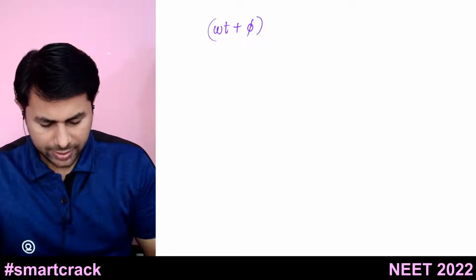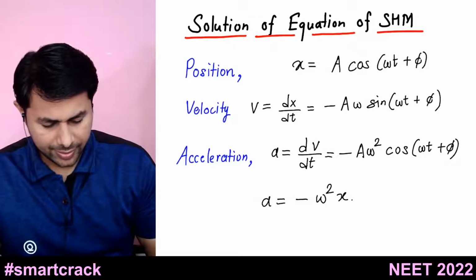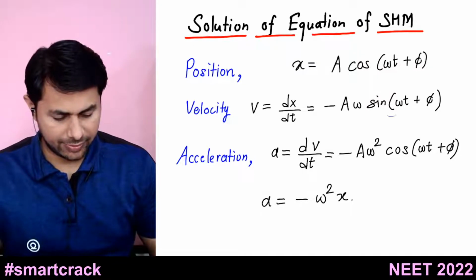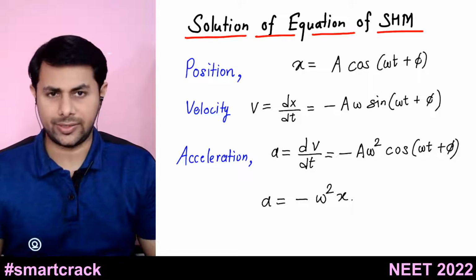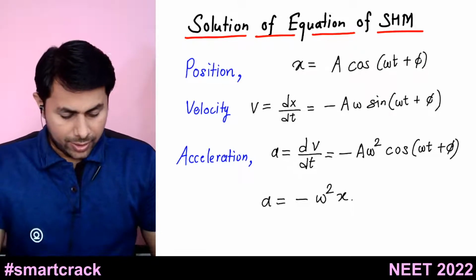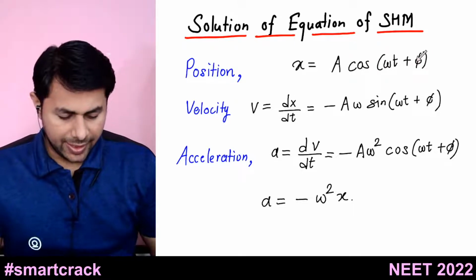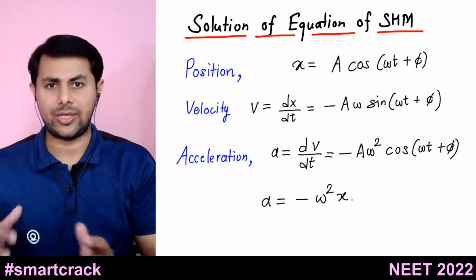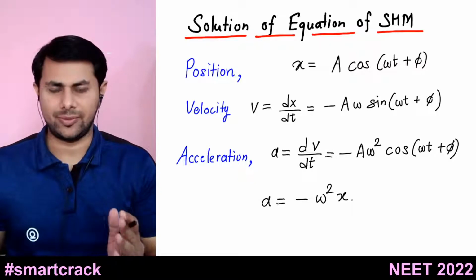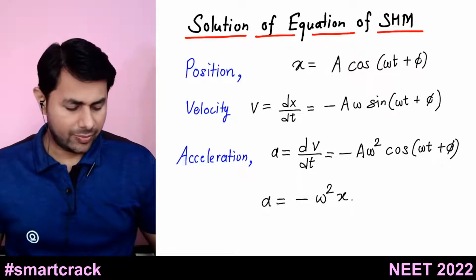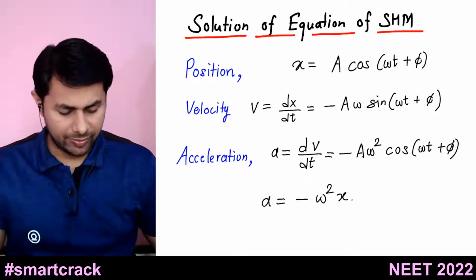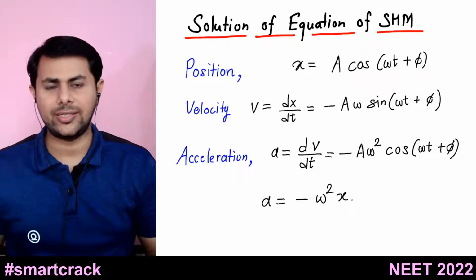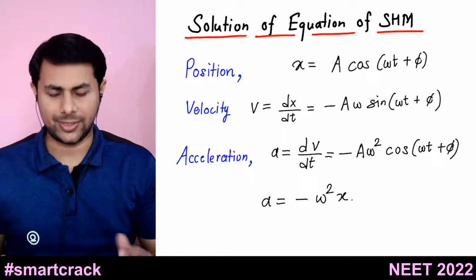So this is the argument of the cos or sine in this equation, and it is known as the phase. This is the angle which will define where your particle is, where your mass is in SHM, what its velocity is, what its acceleration is. Everything will be decided by this term, omega t plus phi. So it is called the phase of oscillations.